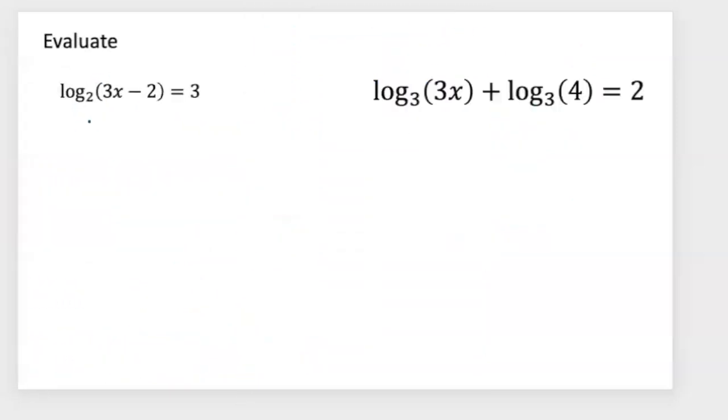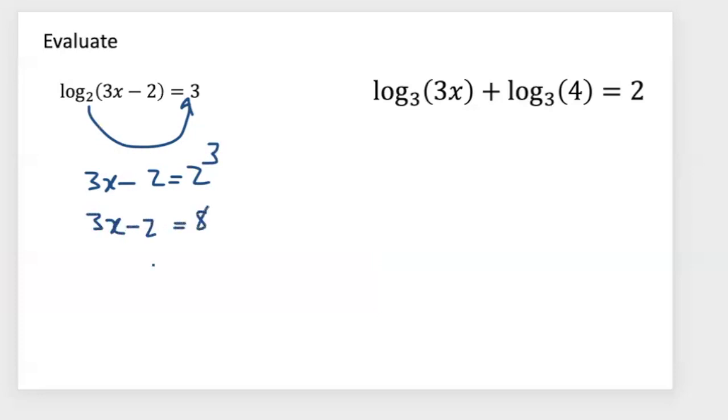Next, we have one log on one side and a number on another side, so we write it in exponential form to solve it. So writing it in exponential form, we're going to have 3x take away 2 equal 2 is the base and 3 is the power. 2 to the 3 is 8, so I'm going to have this to be 8.